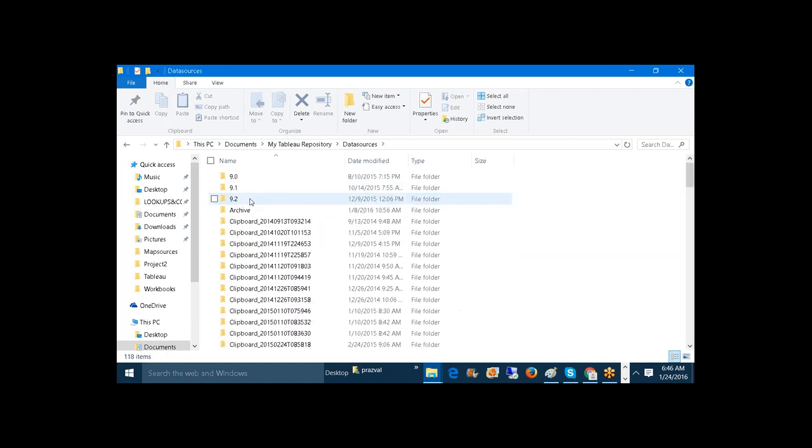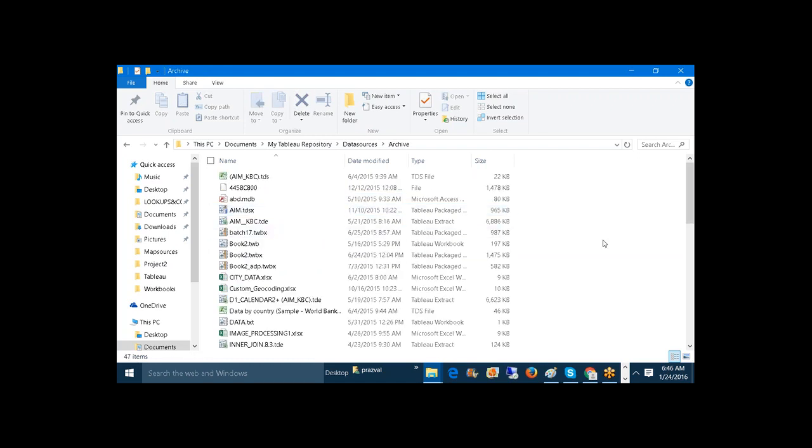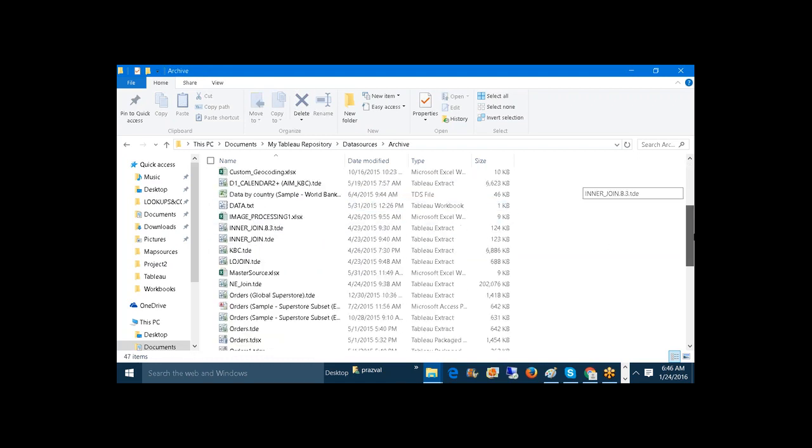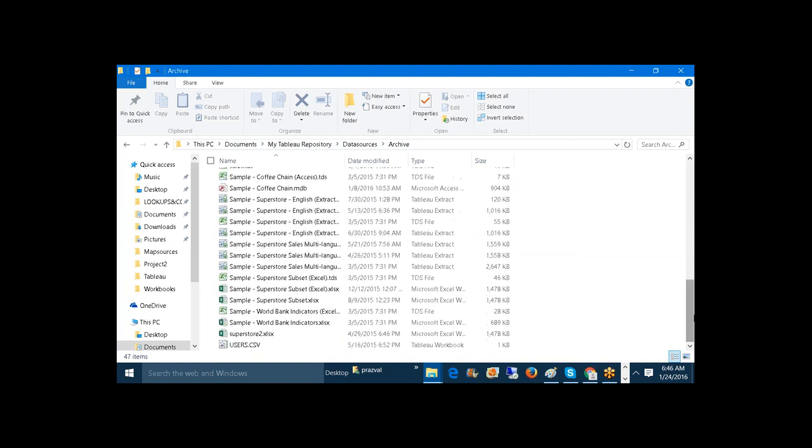If we go to the data sources, here we can see the default data sources. By default, Tableau offers some default data sources. They are known as Superstore, Extract, Coffee Chain, and World Bank Indicators. These four data sources are commonly offered by Tableau.